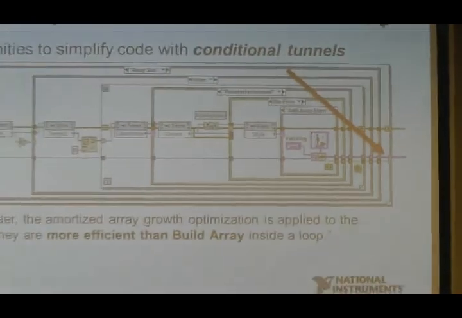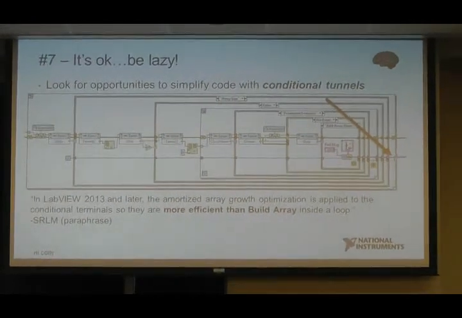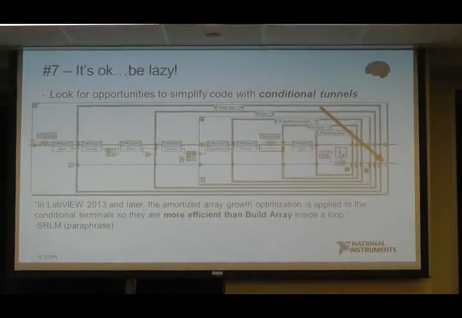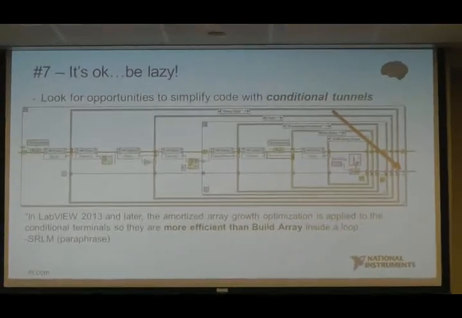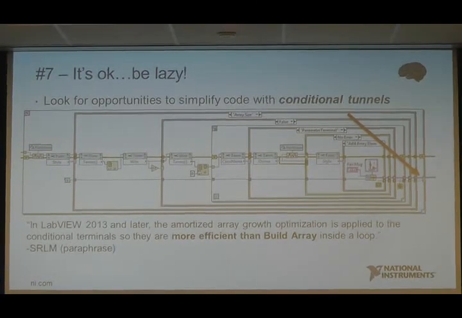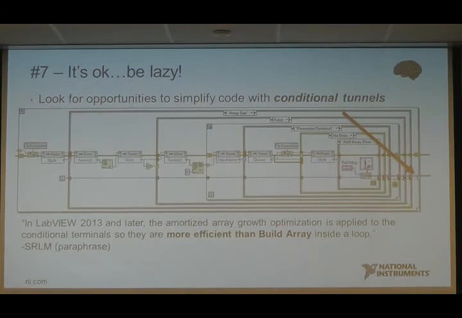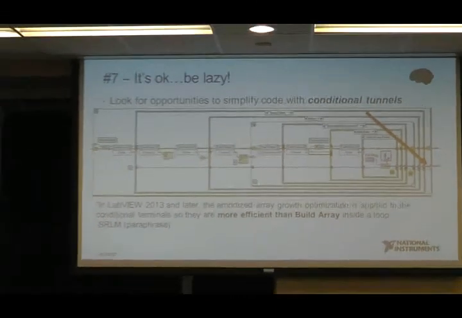And Stephen says that in 2013 and later, this is actually more efficient than using Build Array inside of the while loop. There's probably reasons I don't understand for why that is, but I trust him. So I'm being lazier. I've got code that's more efficient. I'm spending less time passing those wires through all those case structures. That's a win-win-win-win, I think.